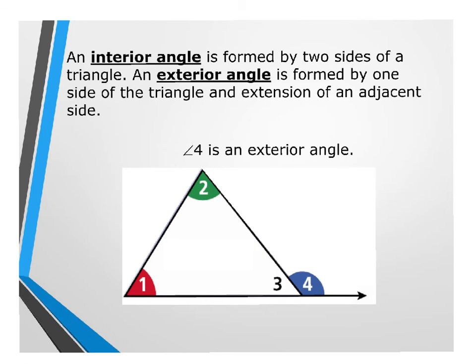An exterior angle is formed by one side of the triangle and the extension of an adjacent side. Like you see, angle 4 right here, that is what this is describing. This right here, angle 4, is an exterior angle. Okay, so let's look at this a little further.